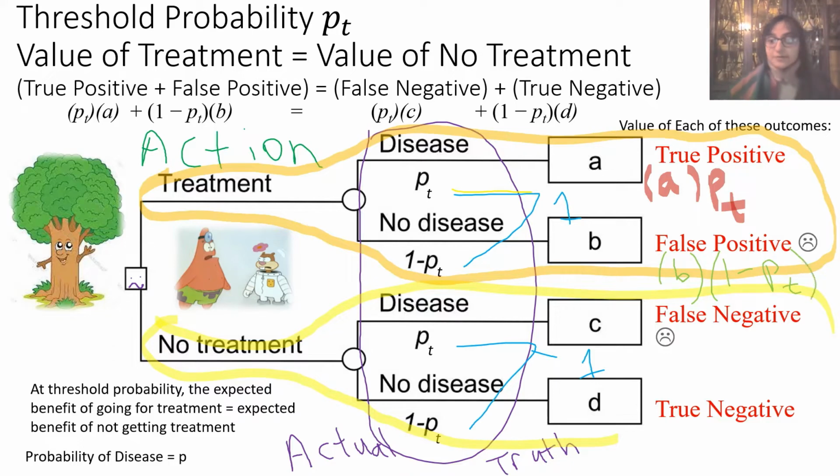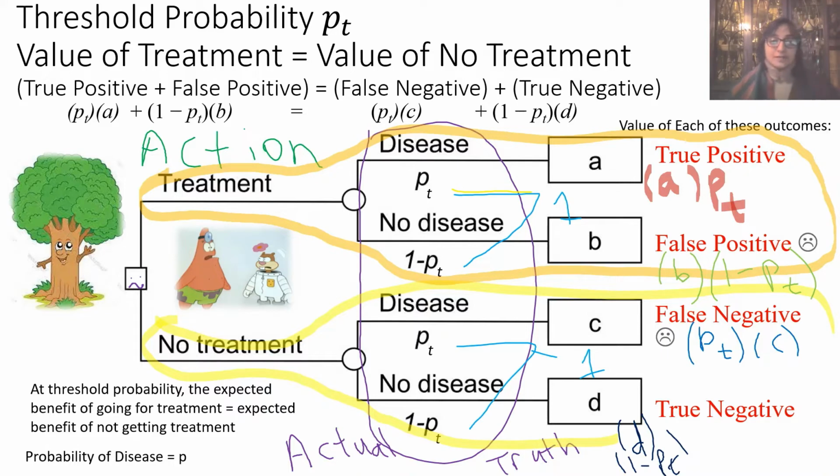That's the value of this false positive. Similarly, for not going for treatment, given the same probability of disease, PT here, you're going to multiply this PT times this C. And then similarly, for no disease, the value is going to be D multiplied by 1 minus PT.